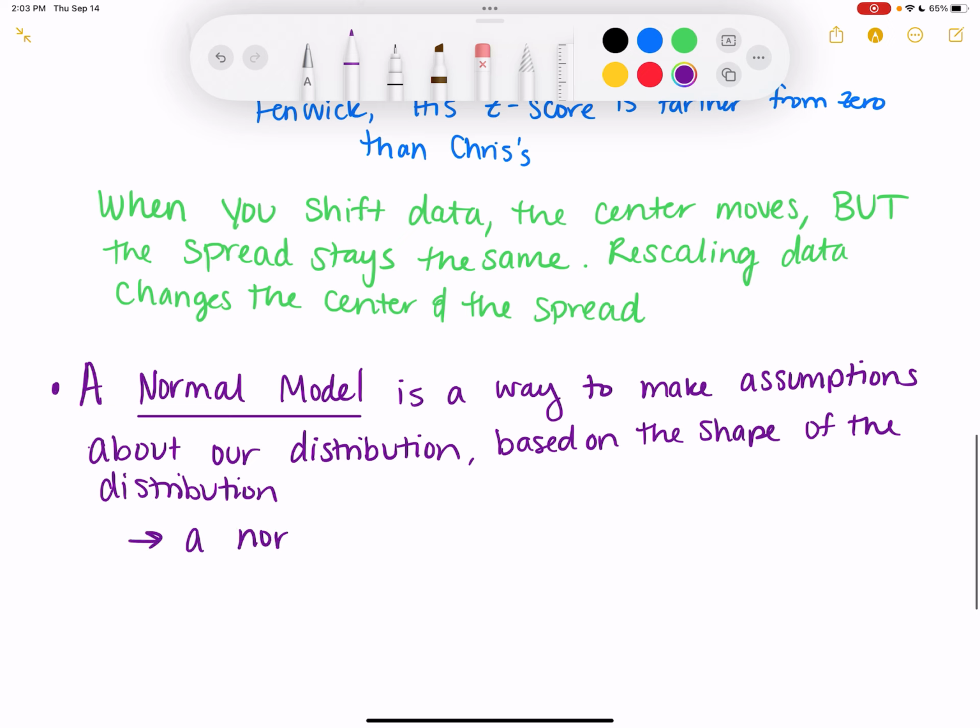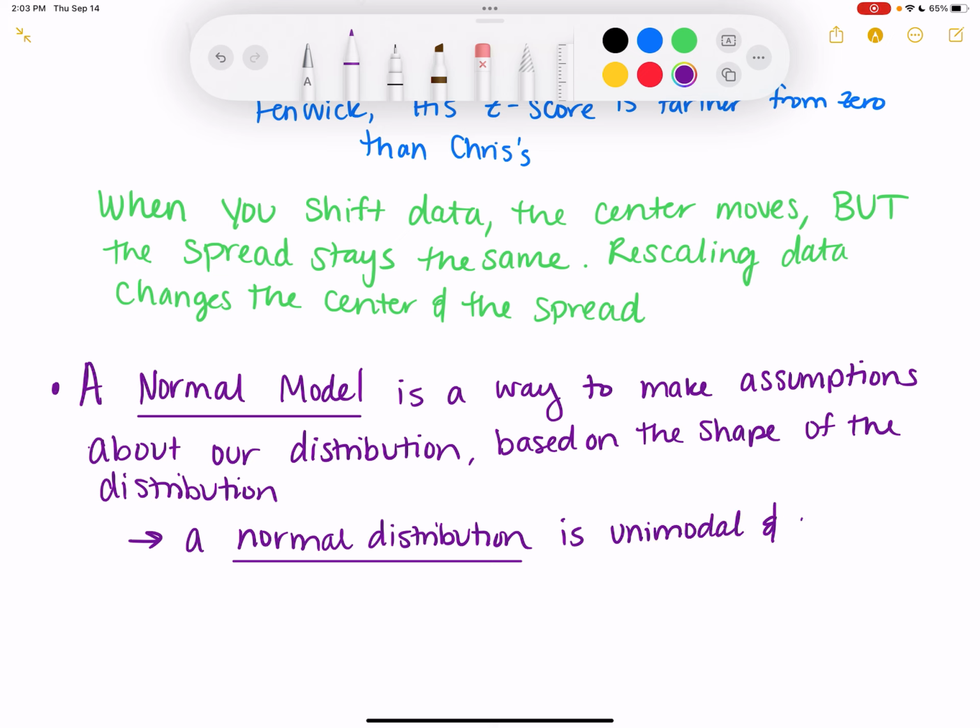A normal distribution is unimodal and symmetric, roughly.